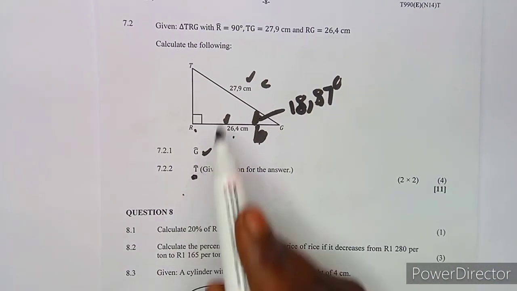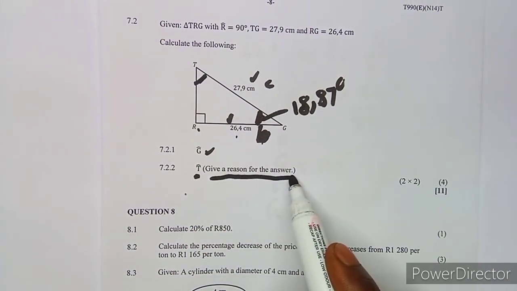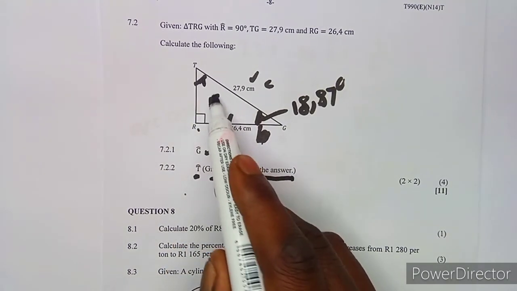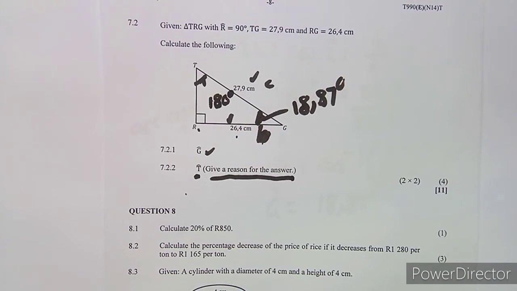Then angle T, which is this one, give a reason for the answer. To find angle T, we understand that angles in a triangle add up to 180 degrees.